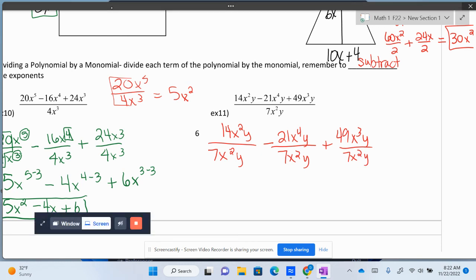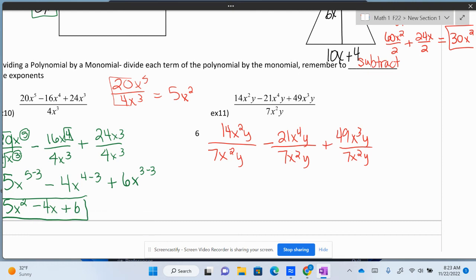So let's look at our very first term, which is 14x squared y divided by 7x squared y. 14 divided by 7 is 2. Do you have more x's on the top or on the bottom? They're the same, so they cancel each other out. Do you have more y's on the top or on the bottom? They're the same, so they cancel each other out.